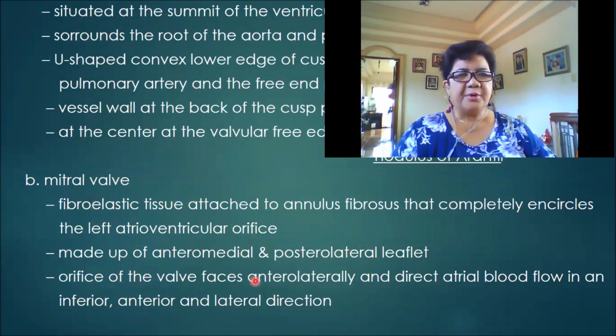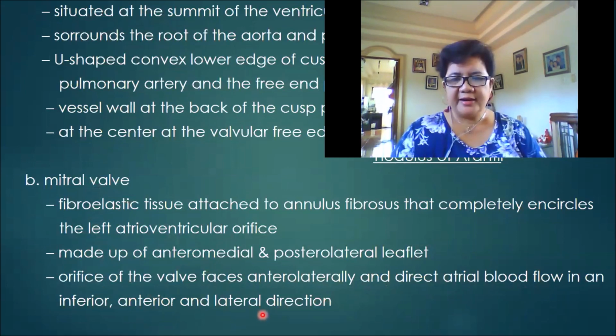And this is made up of anteromedial and posterolateral leaflets. So meaning to say, the mitral valve is a bicuspid valve. It has only two cusps. Now the orifice of the valve faces anterolaterally and directs the left atrial blood flow in an inferior, anterior, and lateral direction.